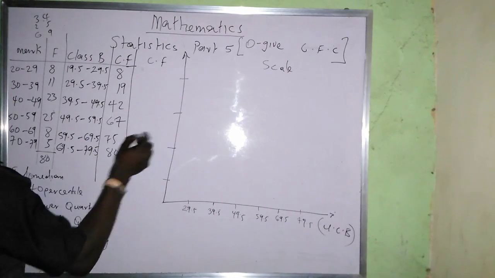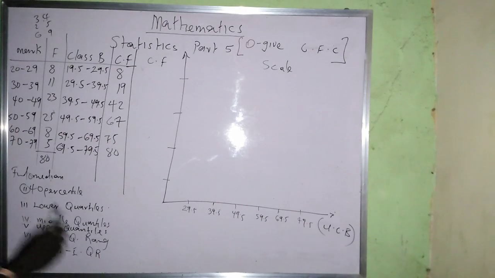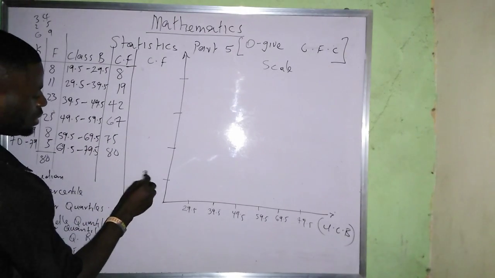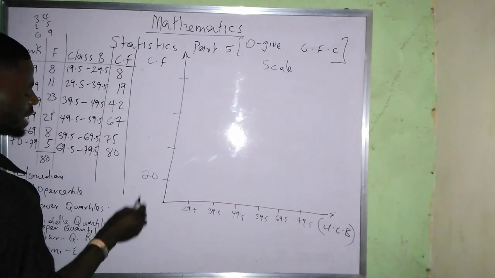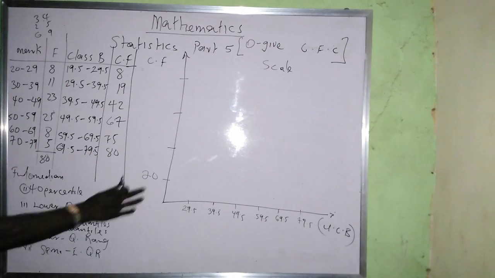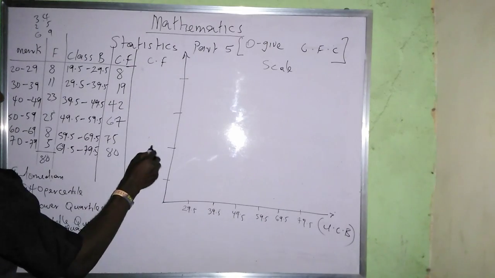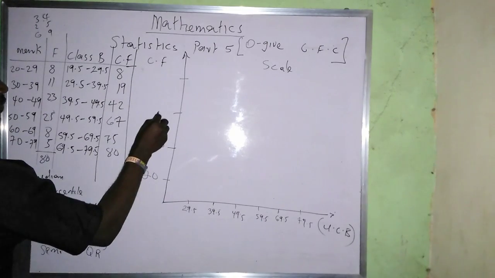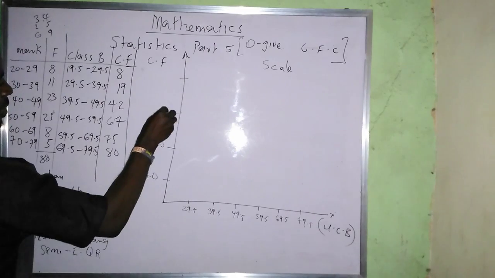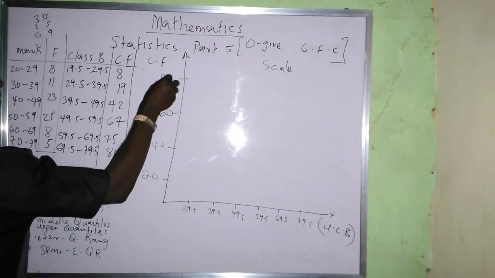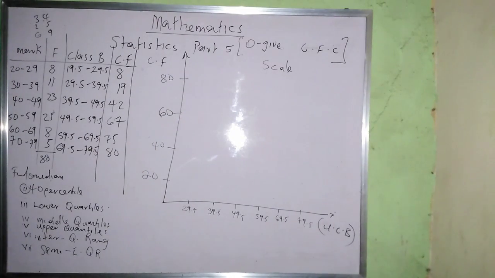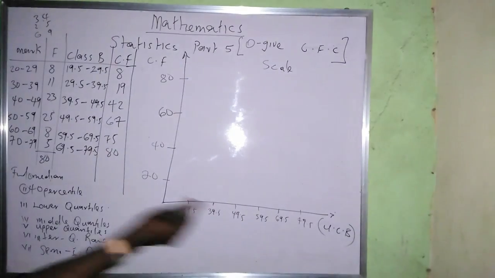If 2 centimeters represent 20 units, then from here to here is 20, then 40, 60, and 80. That is my cumulative frequency axis, while this one is my upper class boundary axis.